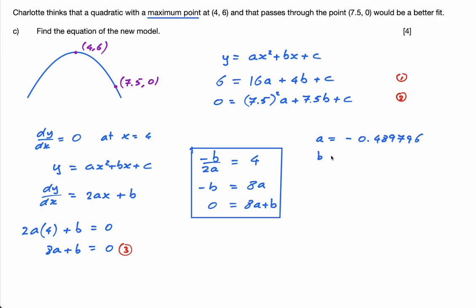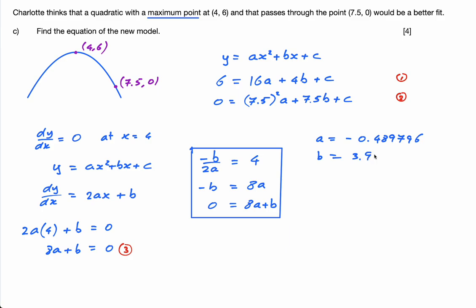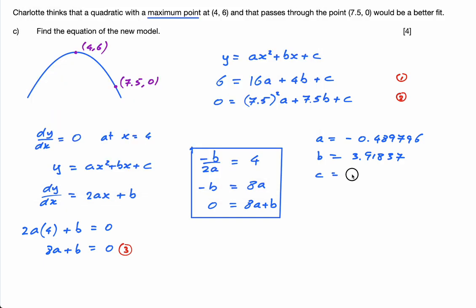B is equal to 3.91837. And C is negative 1.83673.